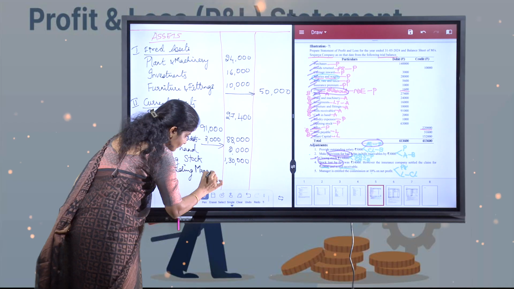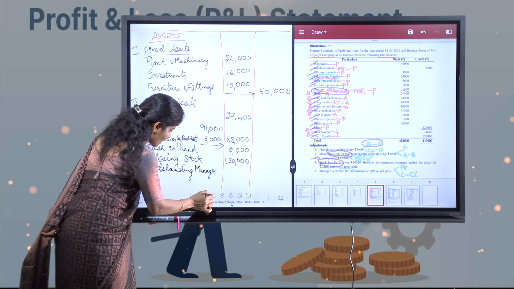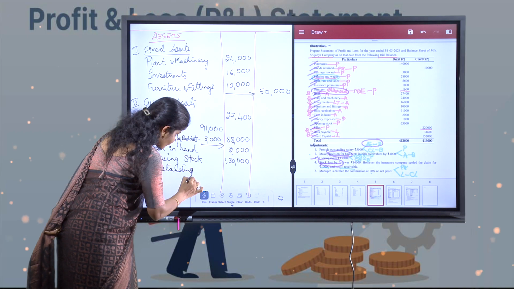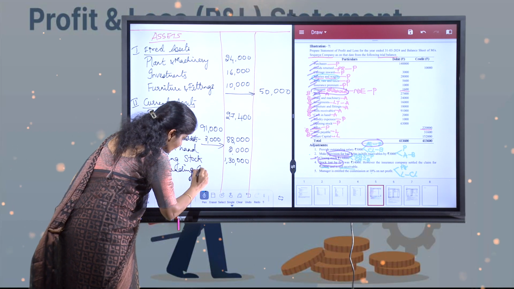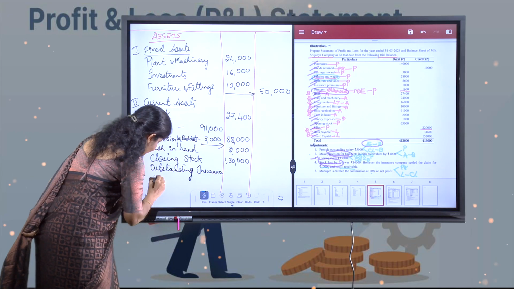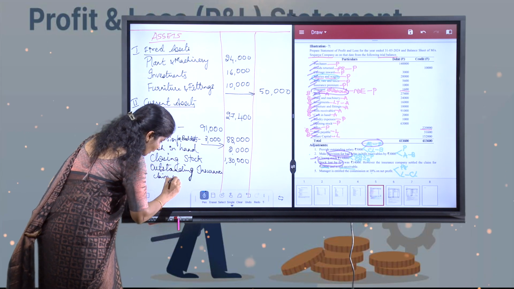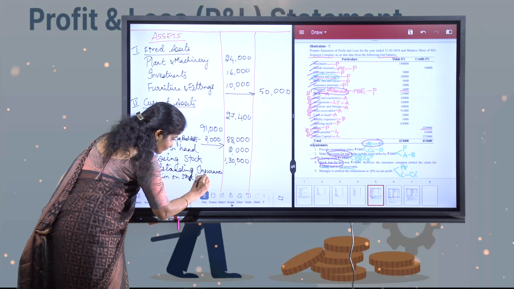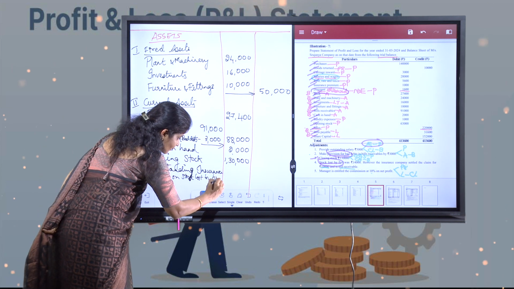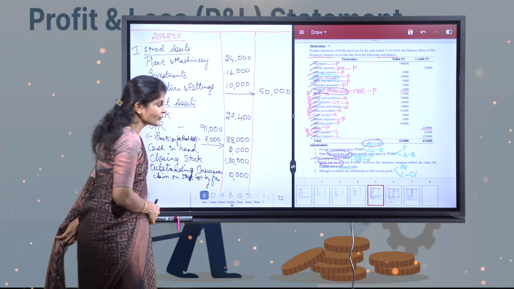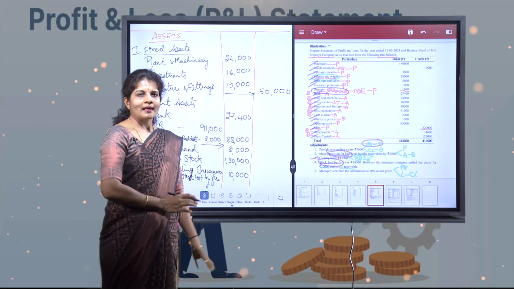Outstanding manager's commission, I'm sorry. Outstanding insurance claim on stock lost by fire. How much is it? 10,000. So we have adjusted everything.